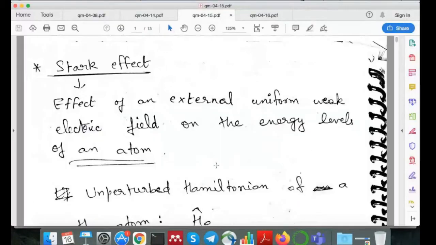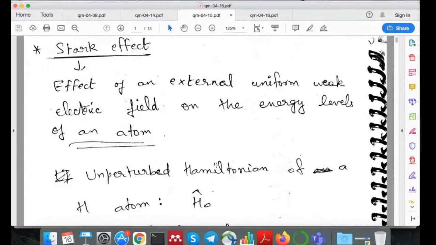Anyway, okay, let me do a recap of yesterday's class so that everyone is on the same page. Yesterday we talked about the Stark effect, which is the counterpart of the Zeeman effect. Zeeman effect was for a magnetic field, and Stark effect is for an electric field.